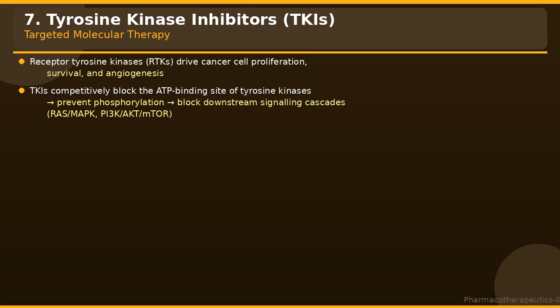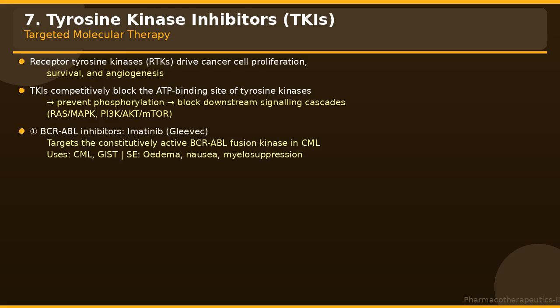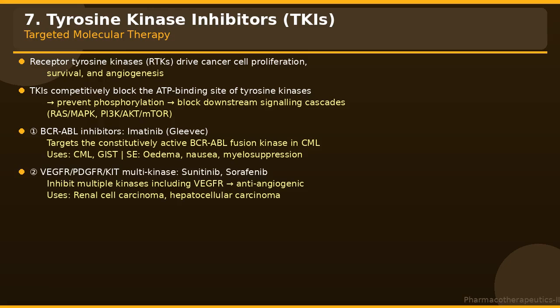TKIs work by competitively blocking the ATP binding pocket of tyrosine kinases, preventing phosphorylation and thus shutting down downstream signaling cascades including the RAS-MAPK and PI3K-AKT-mTOR pathways. The prototype TKI is imatinib, which targets the constitutively active BCR-ABL fusion kinase created by the Philadelphia chromosome translocation in chronic myeloid leukemia.